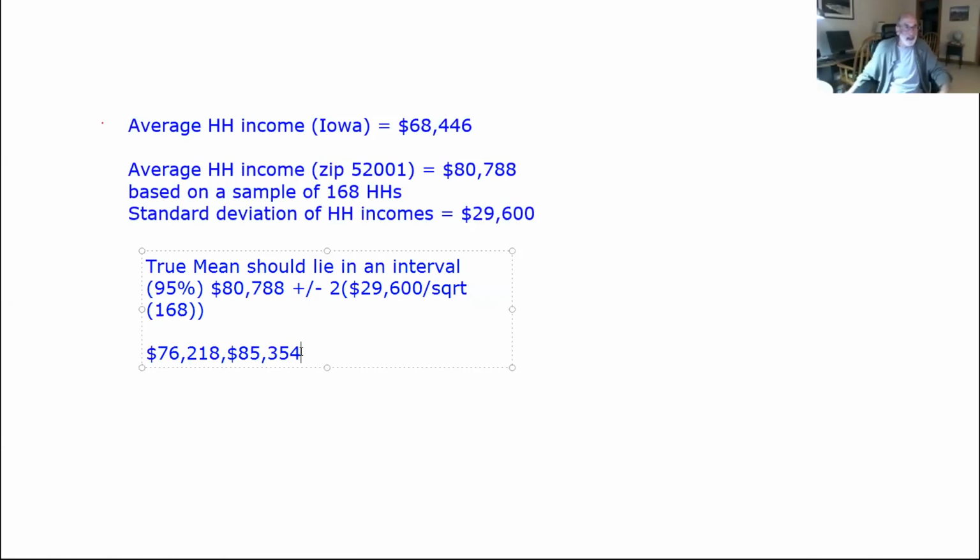I have to say it is a 95% chance, because there's a 95% chance that this is one of those samples where the true mean is inside this interval as opposed to one of the 5% that is not. And by the same logic, I would say I'm more than 95% sure that this particular zip code has a higher average household income than the average for the state as a whole.